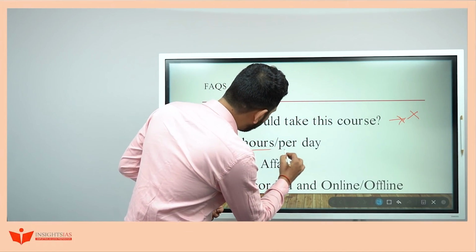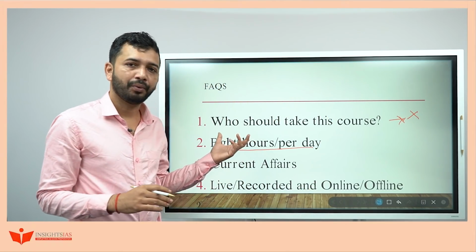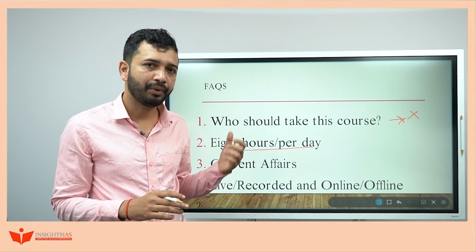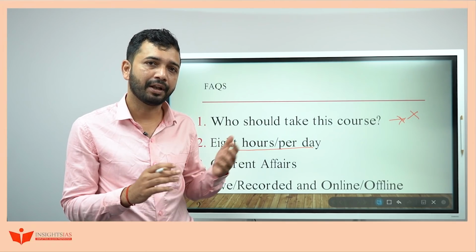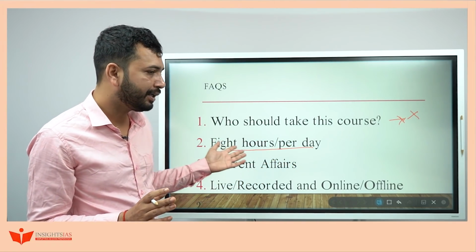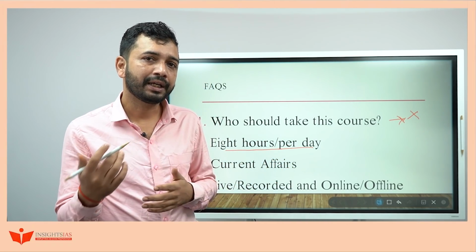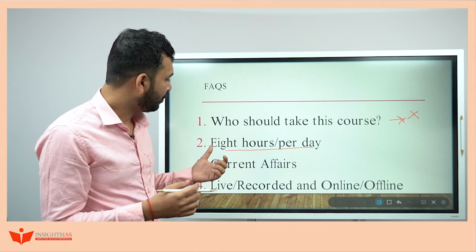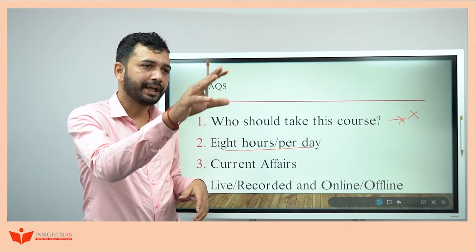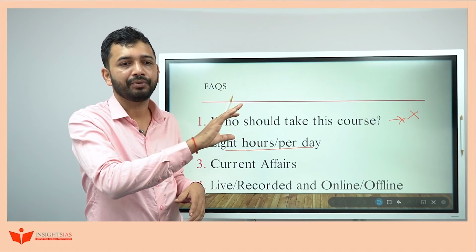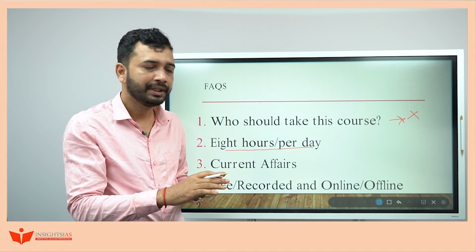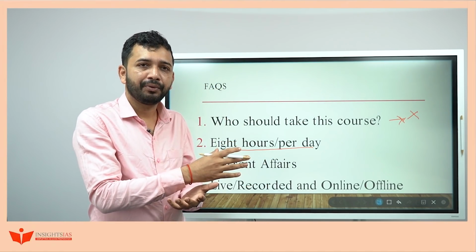Then some of the questions students are asking: what if I give 8 hours per day, will it not hamper my preparation in the last 50 days? Here, as I told you, it is more like revision. We will take a chapter, talk about the current affairs, and also talk about the core dimension. We also discuss the previous year question paper.